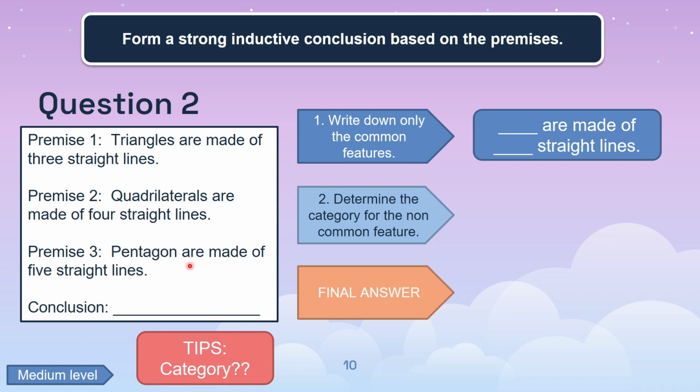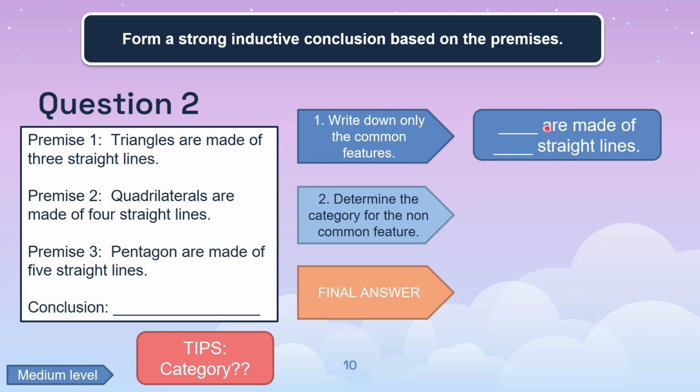And then we take a look at the second non-common feature, which is 3, 4, 5. What is the category for 3, 4, 5? Okay, this is number, but you cannot say number because it sounds weird.